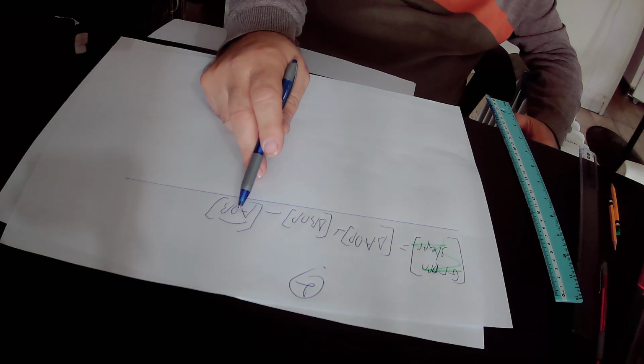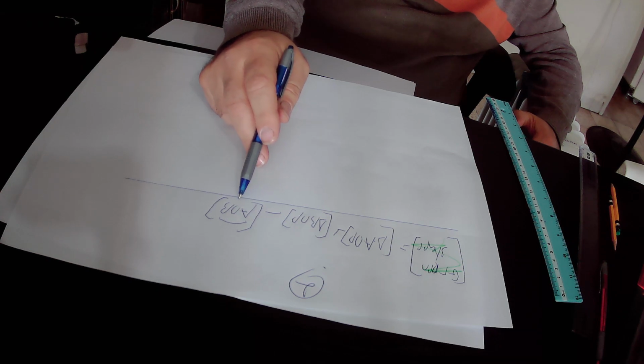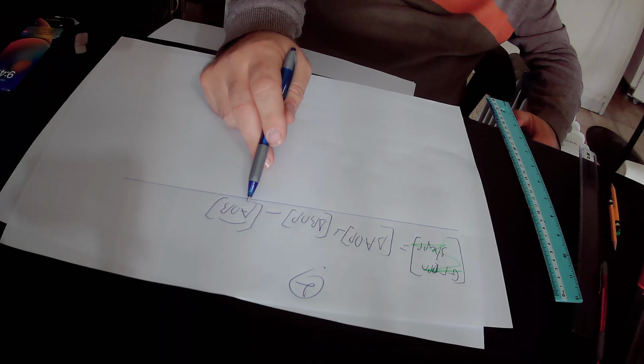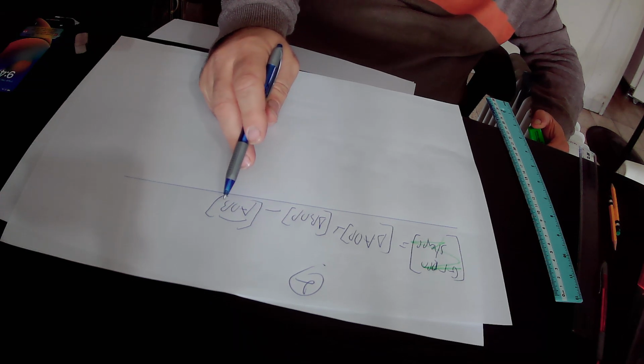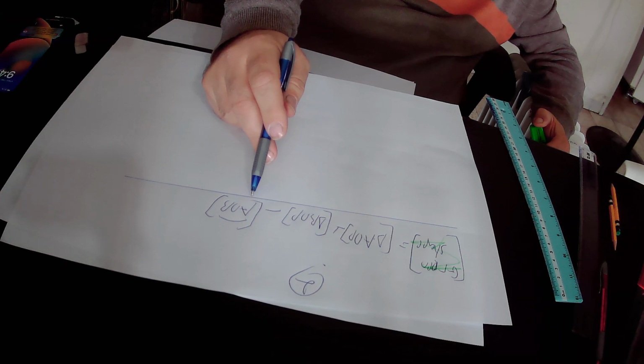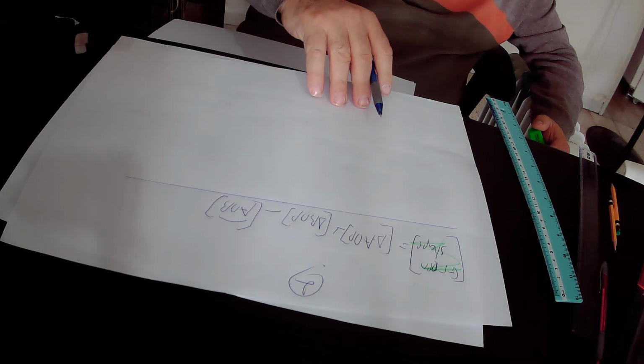Here the round brackets around AOB mean the sector, sector AOB, and the square brackets mean the area. So in total this expression is the area of sector AOB.